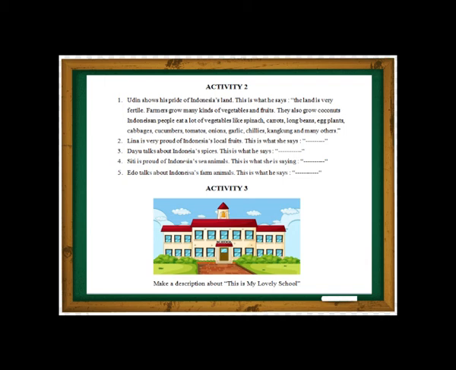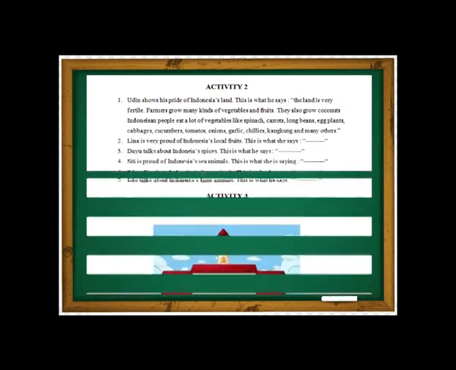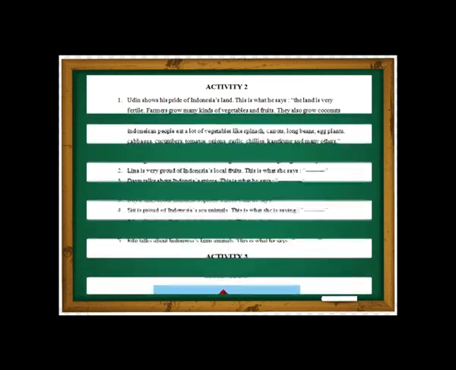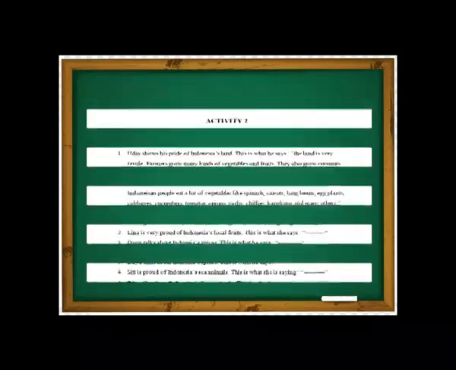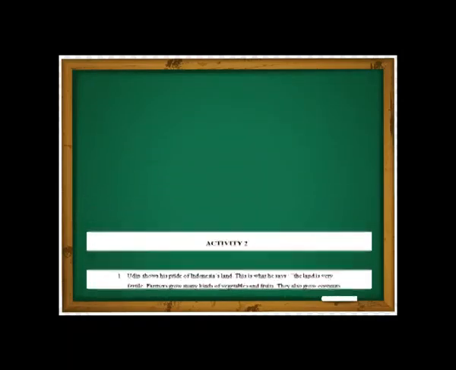Okay. And third and the last activity. In here I give you a picture. Please make a description about this is my lovely school. Okay, after this you can submit to me by email.